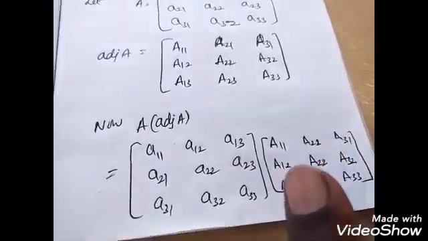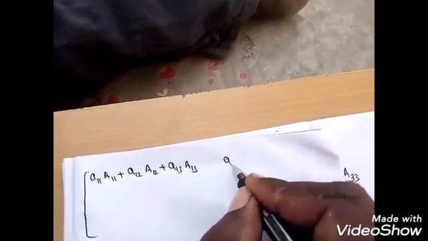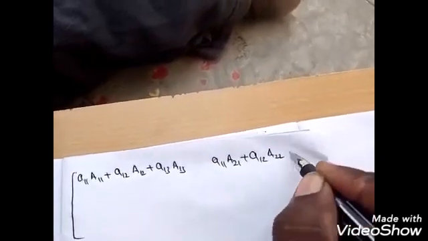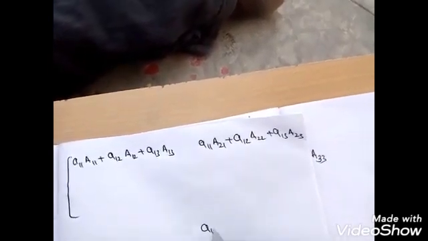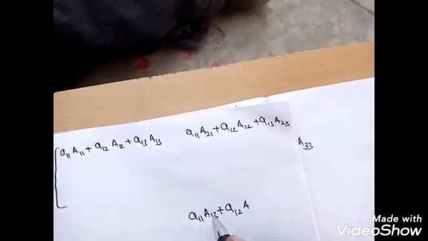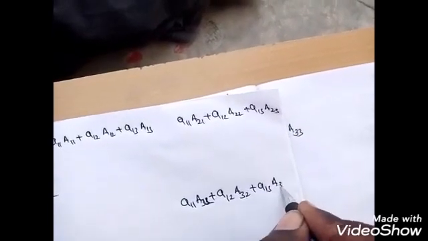Now use the multiplication of matrices. You are going to get A11 A11 plus A12 A12 plus A13 A13, and A11 A21 plus A12 A22 plus A13 A23, and A11 A31 plus A12 A32 plus A13 A33.